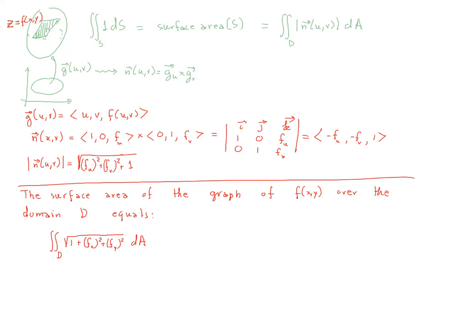And this is a formula that is not hard to remember. It's actually very similar to the arc length formula that one learns in a standard calculus 2 course. But let's see an example so as to see how this would work.